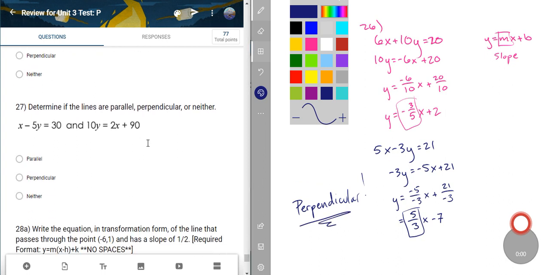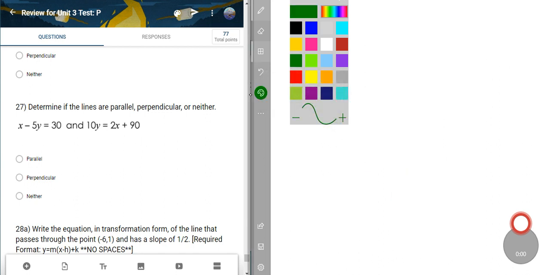27, similar approach. x minus 5y equals 30. I'm going to get negative 5y equals negative x plus 30, divided by the negative 5. So we get a positive 1/5 x minus 6. Sorry, I shortcutted that a little bit.